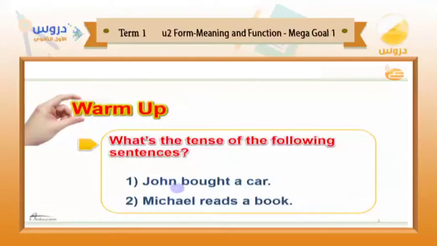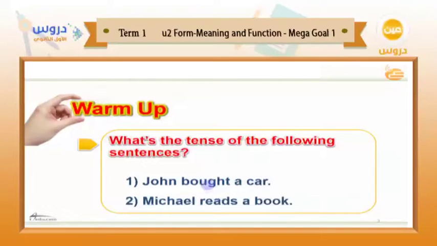John is the subject, bought is the verb, car is the object. Michael is the subject, reads the verb, book the object. Keep in mind, this is a golden rule. The subject and the object do not change at any time, whether past, present, or even future. The only change is the verb.